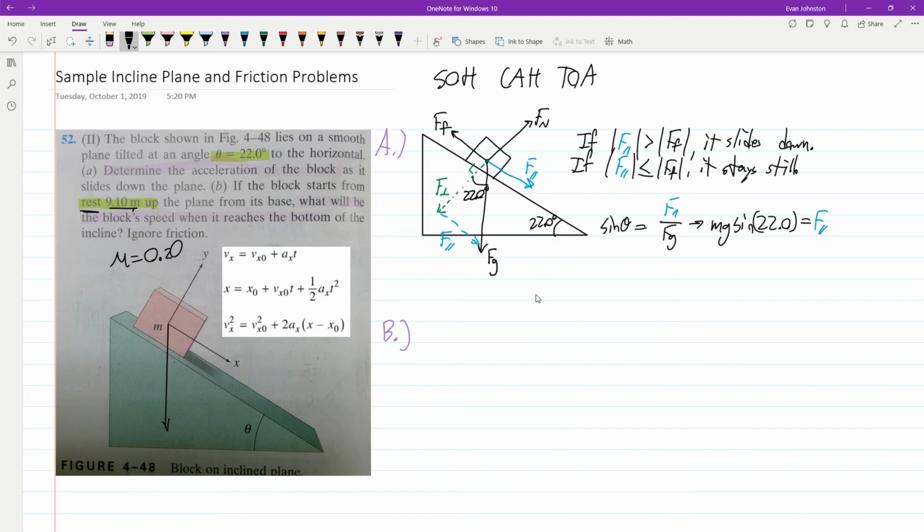If I put this all in my calculator, I get m times 9.8, that is gravity, times sine of 22.0. That ends up becoming 3.7 times m, because we still have this m awkwardly chilling here. This really is our force parallel. We have no idea what the mass is, but it's this kind of thing, okay?